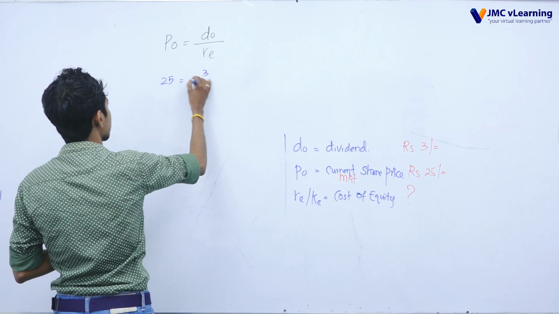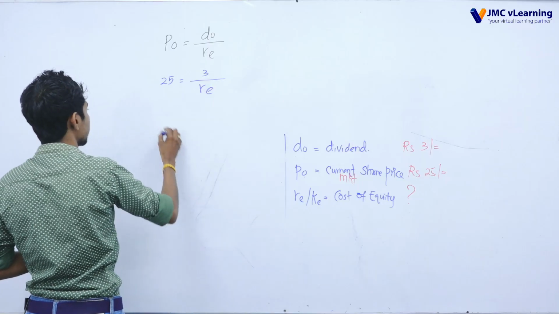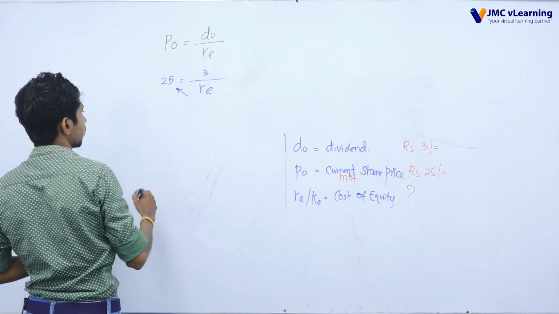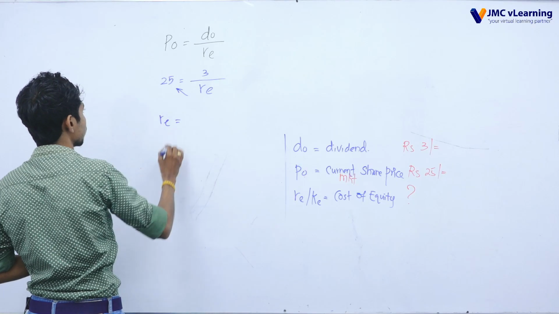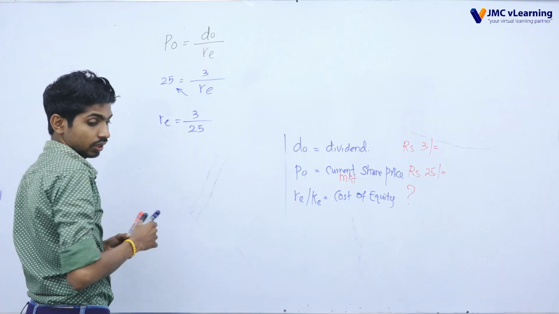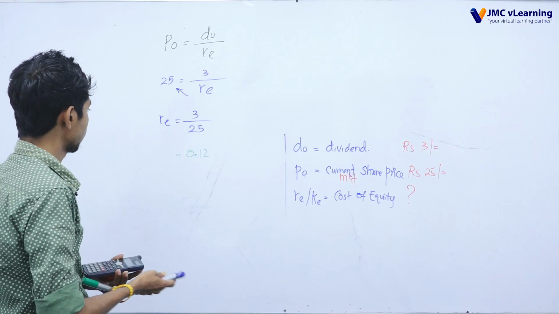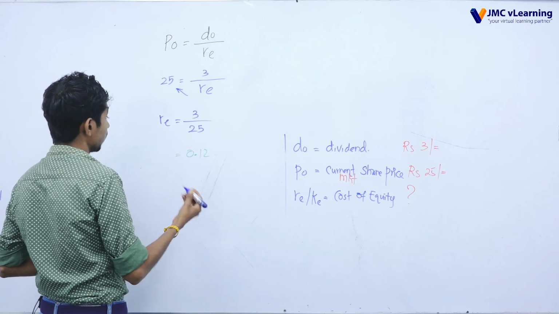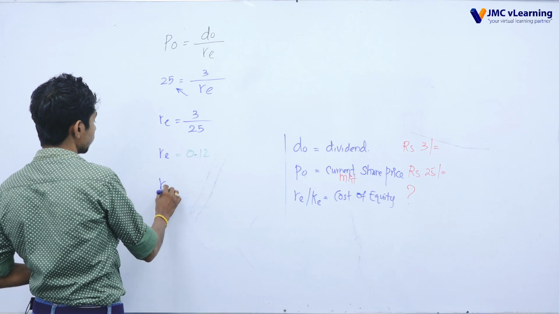Dividend is 3. We are looking to know the RE. Then cross multiplication. We call this cross multiplication. Then RE equals 3 divided by 25. What is the answer? 0.12.